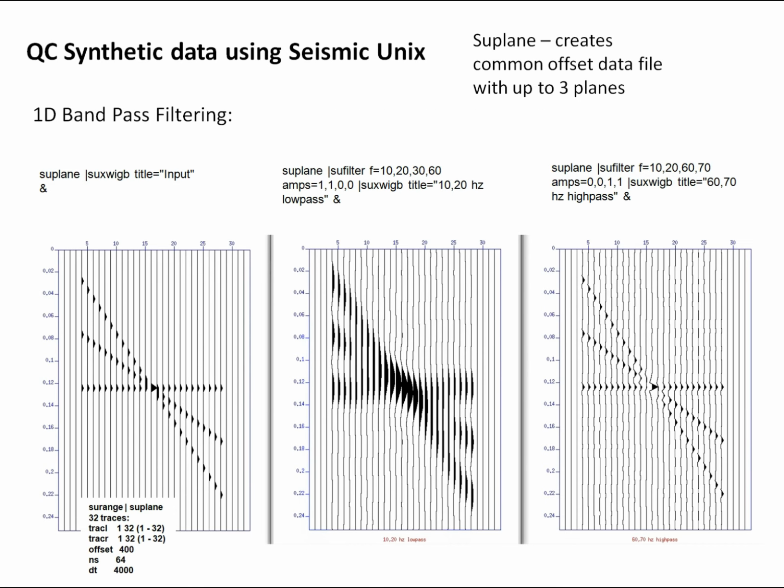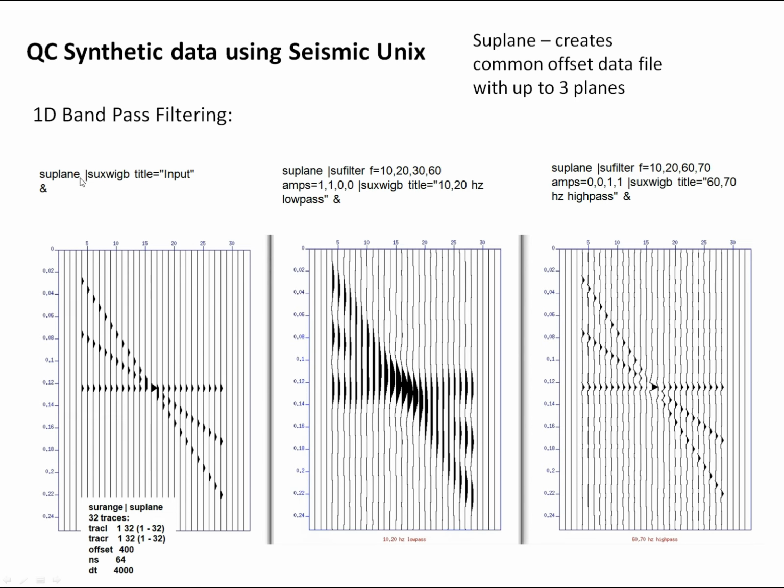Okay, so I'll start now with generating QC displays on synthetic data using Seismic Unix. The first thing is the 1D bandpass filtering. Before that, there is suplane. Suplane is the command that can create a synthetic dataset, a common offset data file with up to 3 planes.